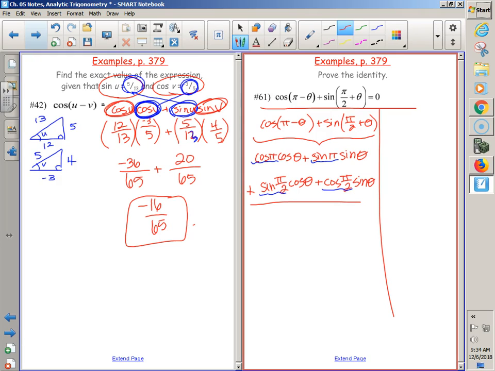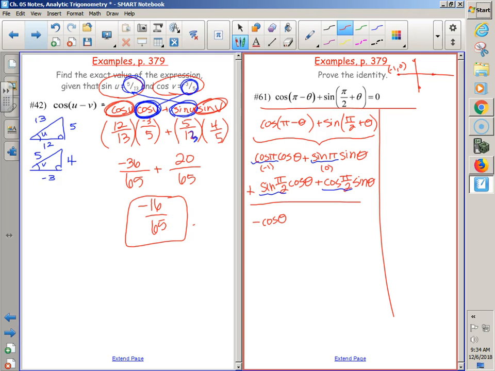Okay. Cosine of pi. It's so much easier to think about the axes, right? Isn't cosine the x? That's going to be a negative 1. So I'm going to end up with negative cosine theta from that piece. Sine of pi is 0.